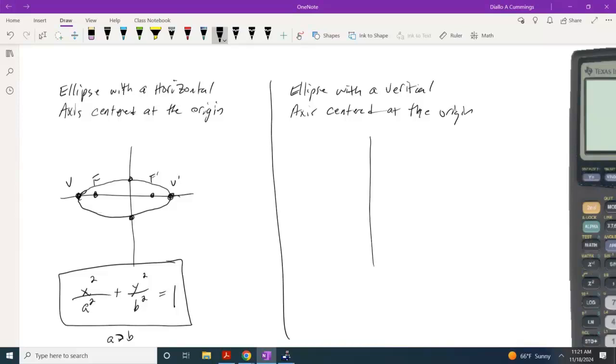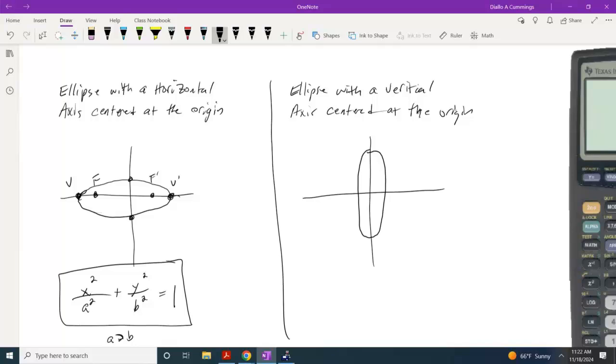I'm going to sketch out another x and y axis. If we have an ellipse with a vertical axis, it's sort of like an egg shape if you stand it up, or an oval shape standing upright. So that ellipse would look something like this.